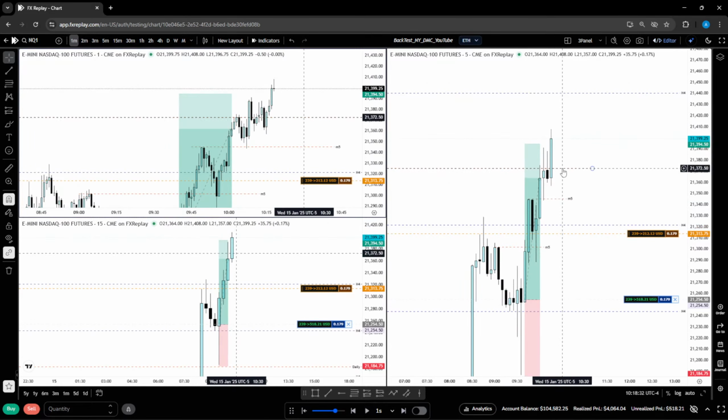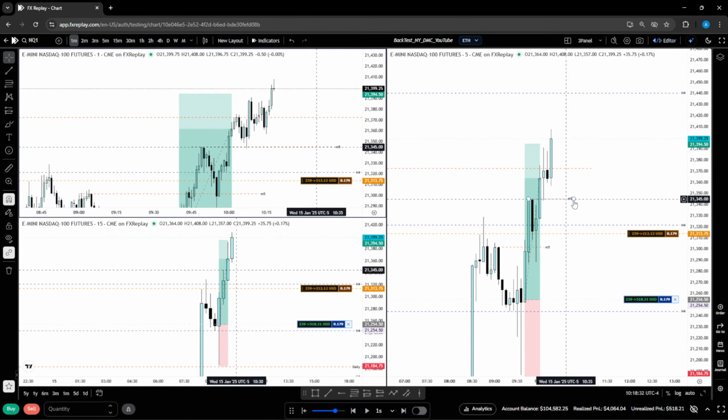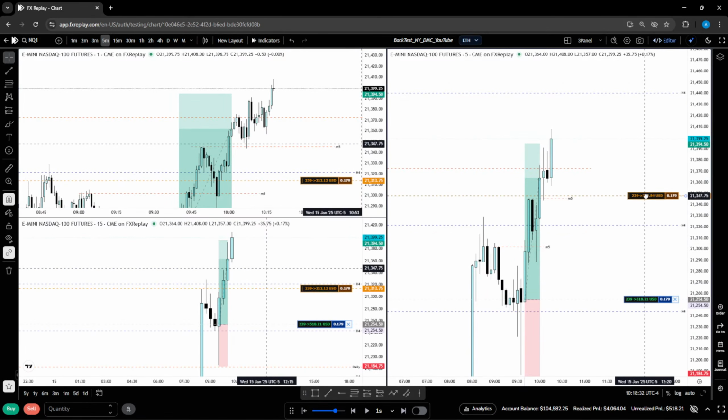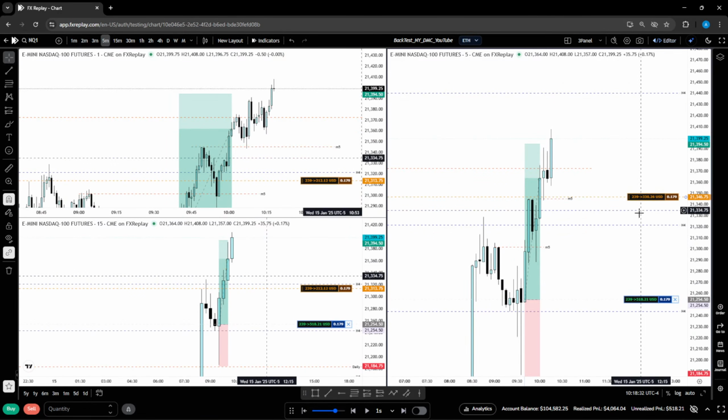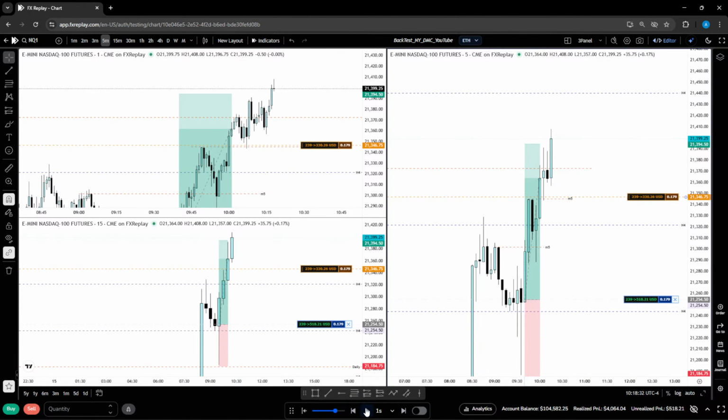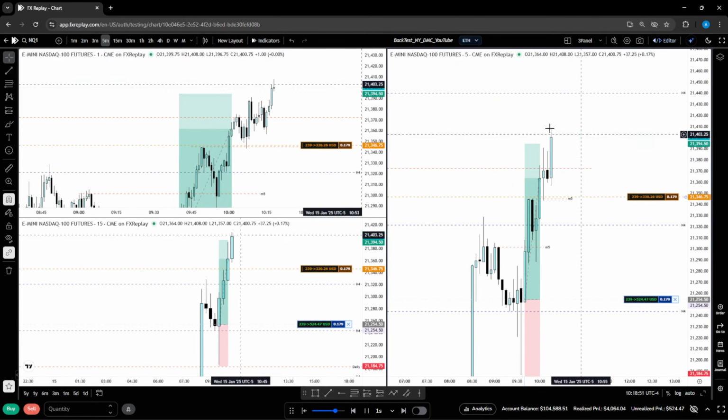So now we can come back down and test this area, as we already tested this area. So I can put the stop loss somewhere over here and write it out.